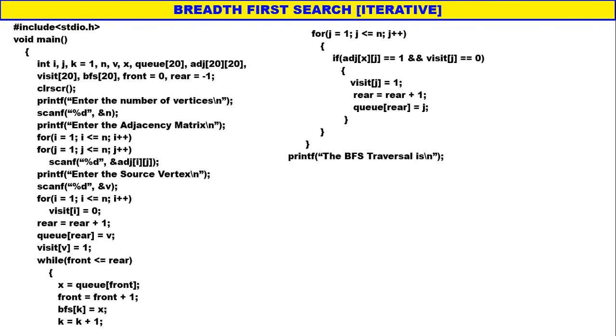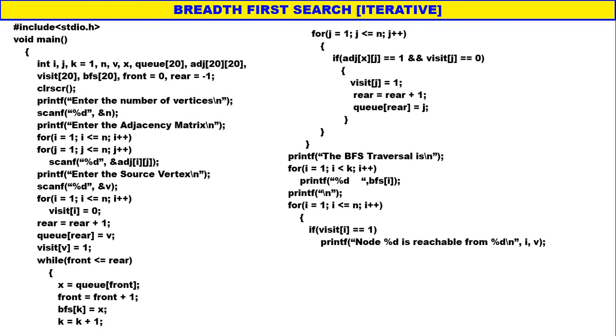Then the BFS traversal is displayed, whatever is there in the BFS array. Then, if visit is equal to 1, it means it is reachable, otherwise the node is not reachable. That also you display. That's all the program in C. Very simple, very straightforward. Simple algorithm for BFS iteratively.